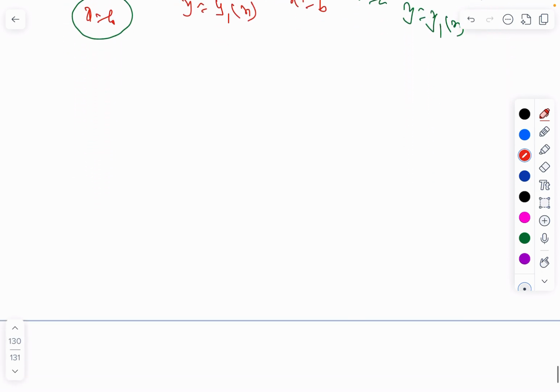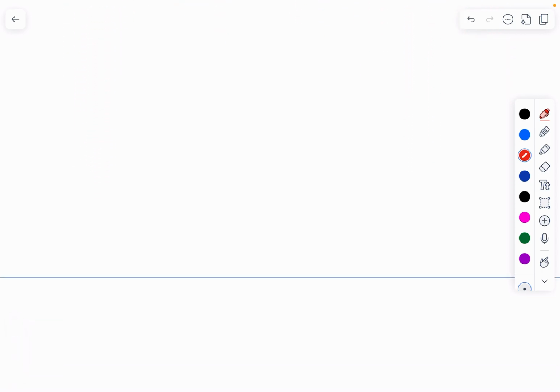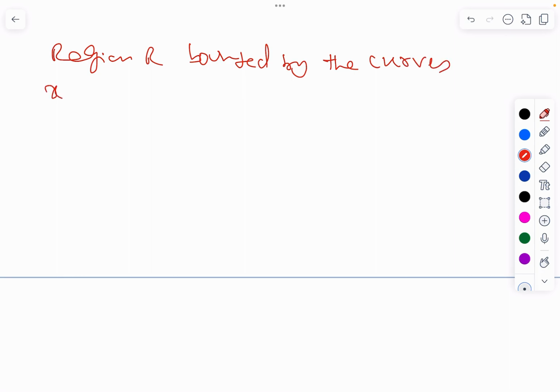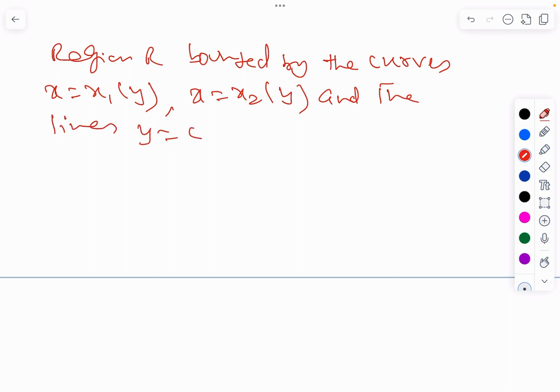It may also have a region R bounded by the curves x equal to x1, a function of y, x equal to x2, a function of y, and the lines y equal to c, y equal to d.